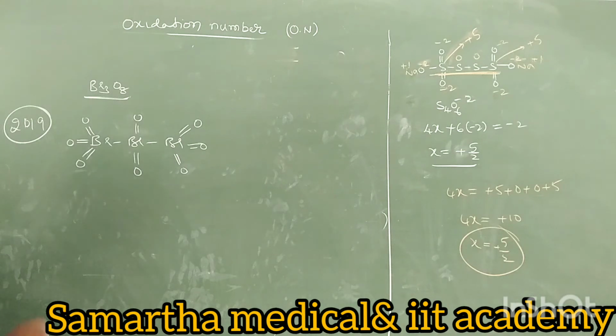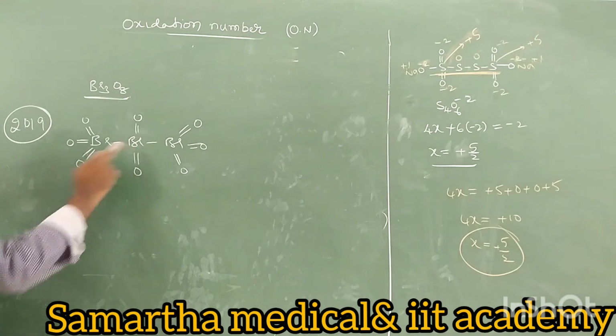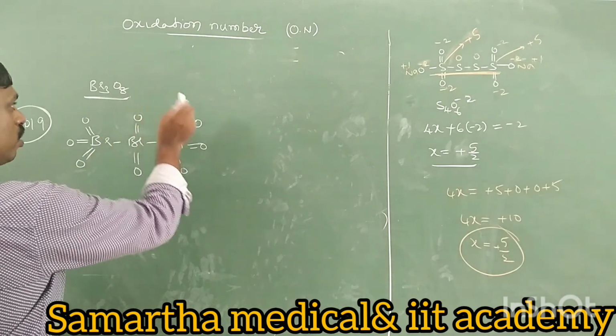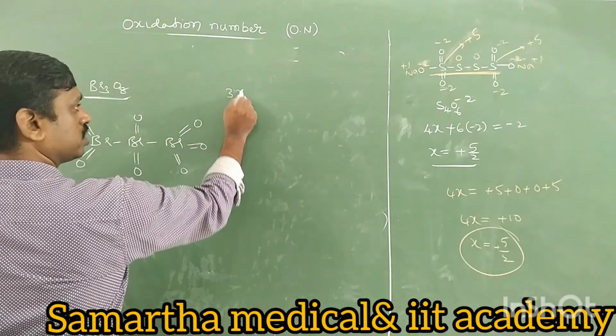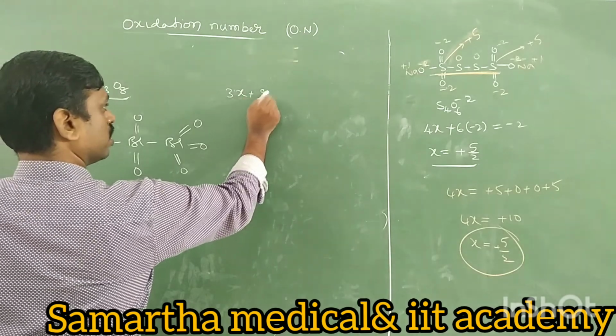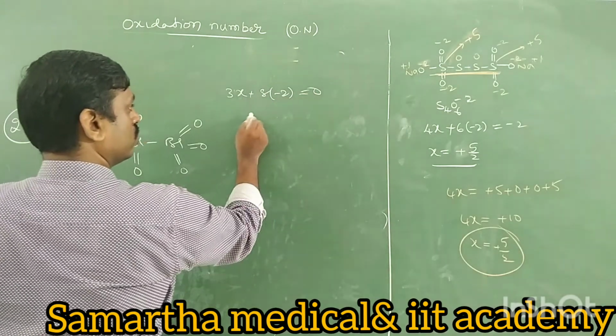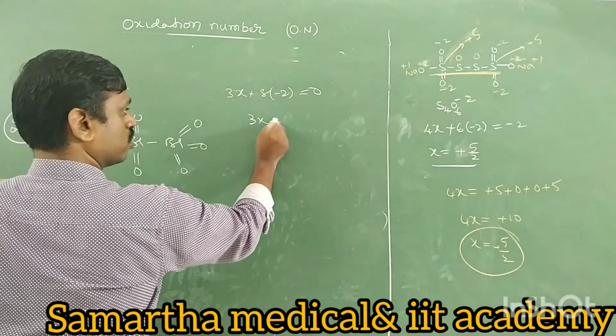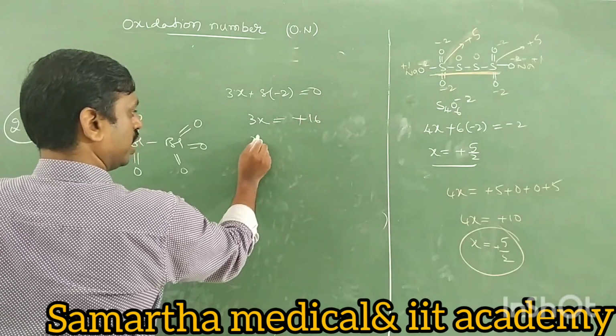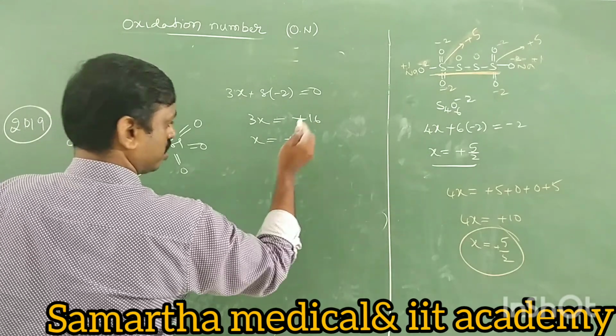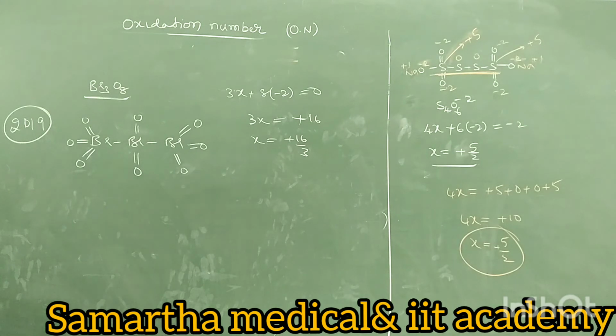There are 3 bromine. If you calculate the oxidation state: 3x plus 8 into minus 2 equal to 0. 3x equals plus 16, then x equals plus 16 by 3, right?